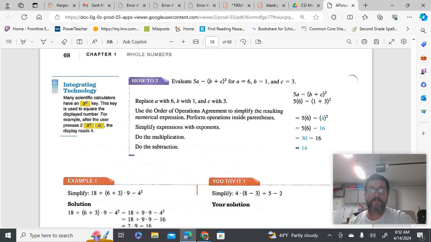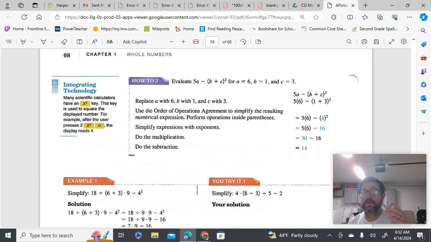So if you have a math problem like above, 5a minus b plus c squared, you are to do the b plus c first. Then you square it, and then you multiply 5 times whatever a is.